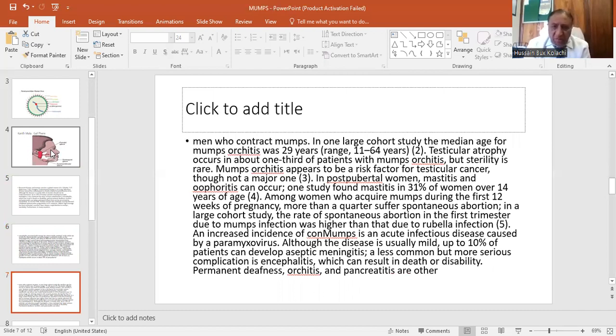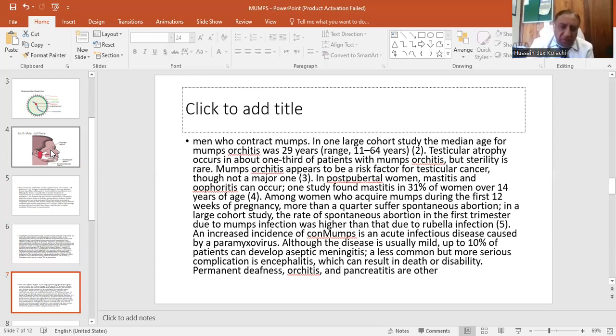In men who contract mumps, in one large cohort study, the median age of those who suffered from arthritis was 29. Though it is a childhood disease, it affects more the young age population.